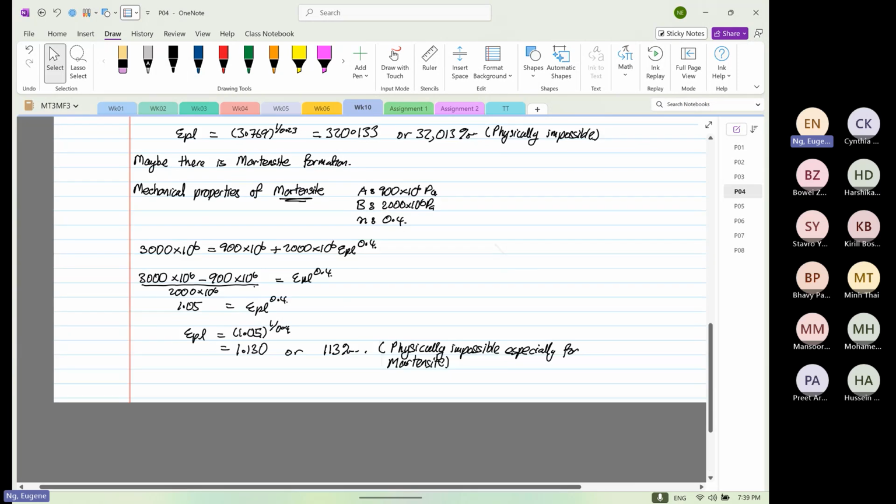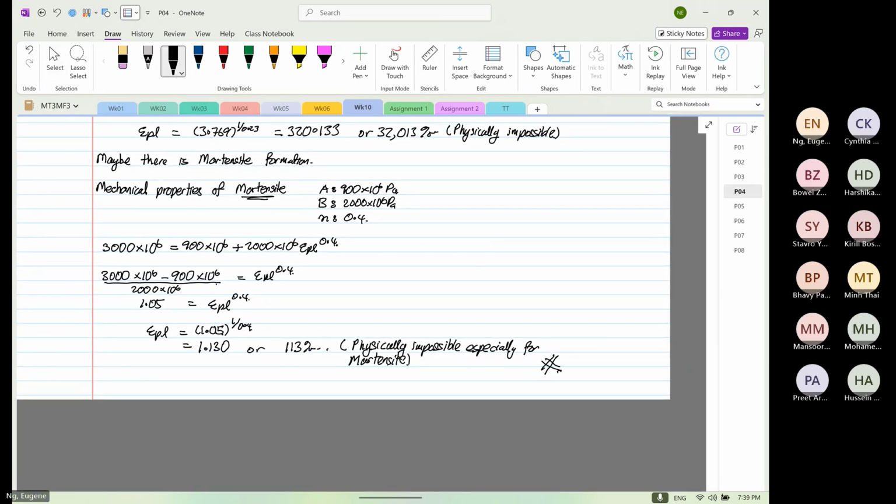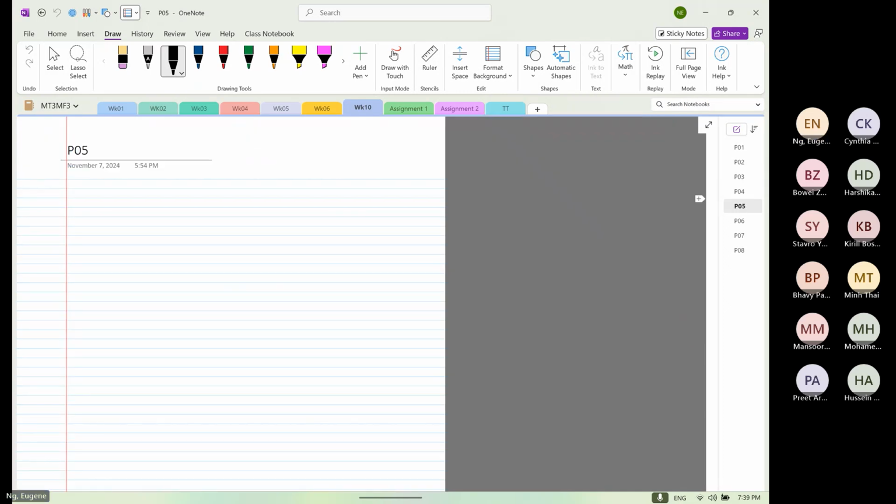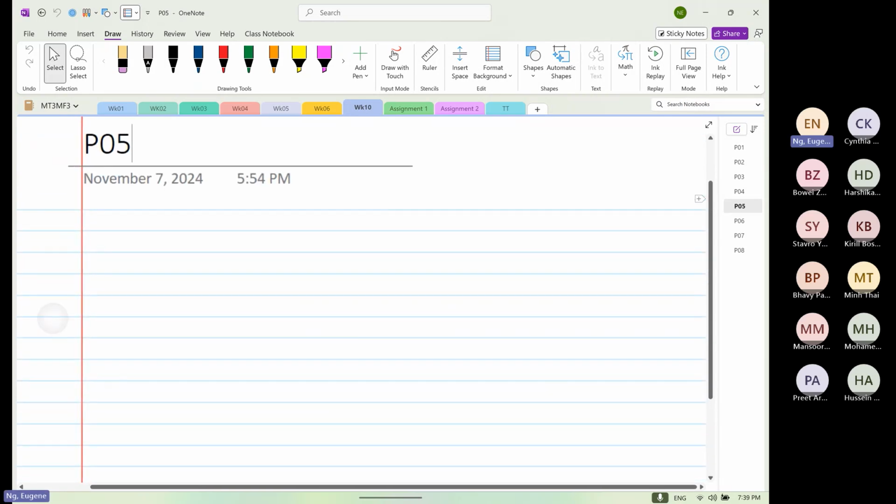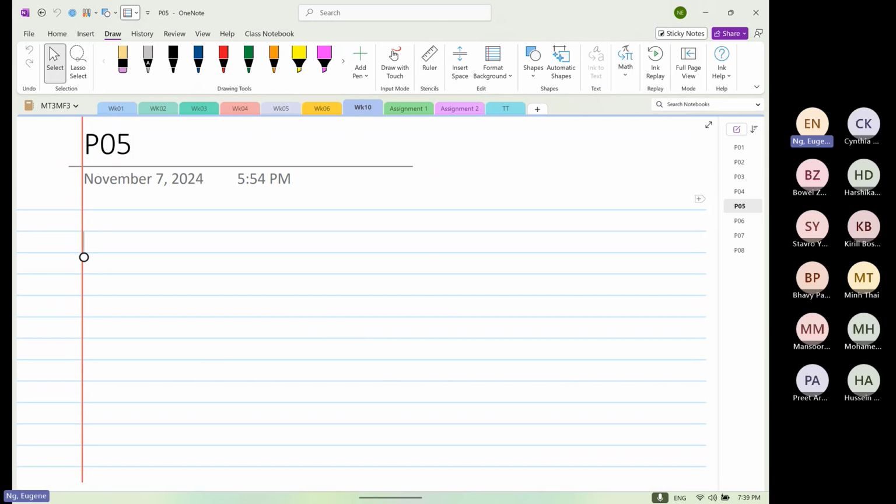So this is all we are going to talk about: residual stresses. The next part that we're going to do is a very interesting topic. We are going to talk about manufacture of components with carbon fiber reinforced plastic.